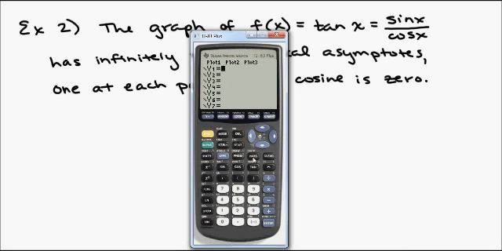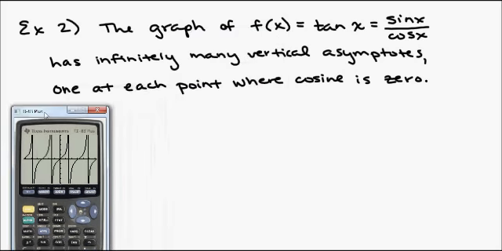Tan x, and our window for this will be negative 2 pi to 2 pi for your x's, and negative 5 to 5 for the y's. Each of these vertical lines that you see here is an asymptote. That is not part of the graph. And you can see that those asymptotes repeat in a regular pattern.